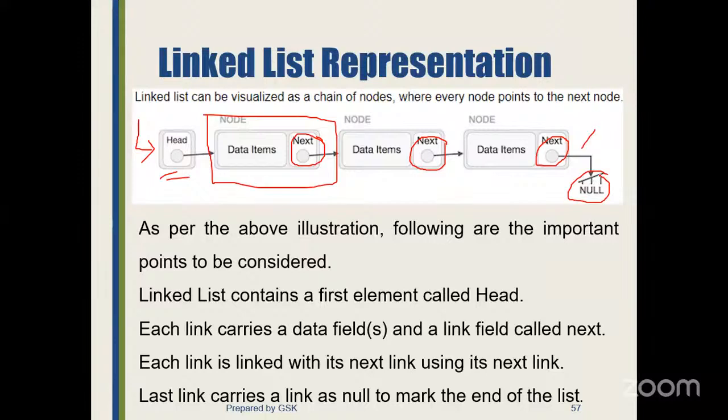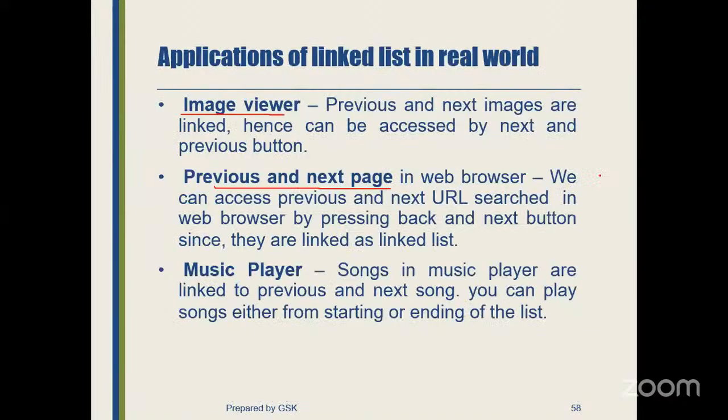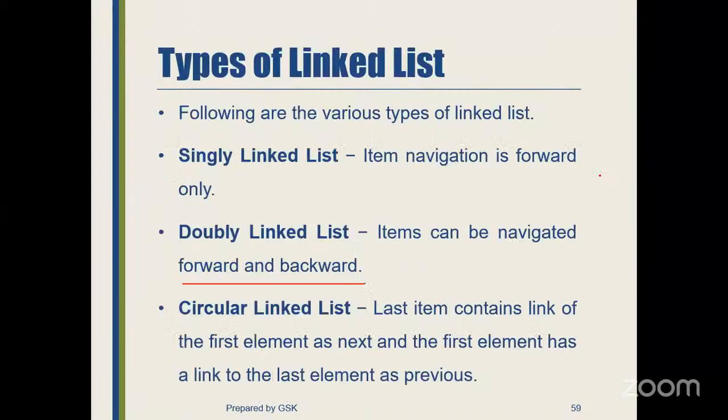But coming to the circular linked list, the last link will be connected to the first link again. I will show you the diagram later on. As of now, just remember the definition only. So that is about circular linked list.